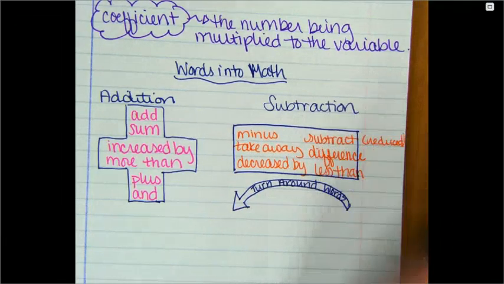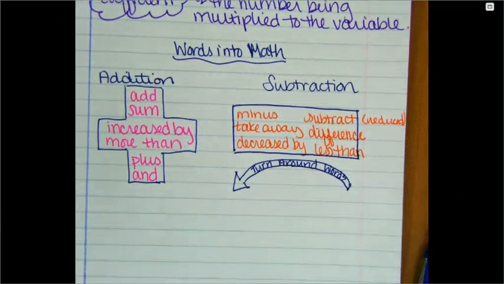Your turnaround words. So the words that make the order different than when you read it in. So turnaround words change the order the way it was read. Okay? So if I say 7 less than x, I don't write 7 minus x. It's really x minus 7. So there's a couple words that change the order of the way we write it.